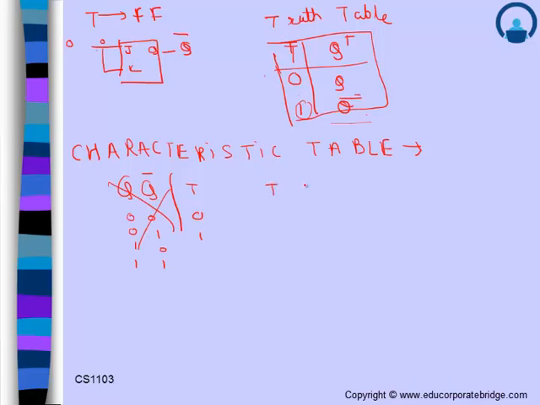The characteristic table consists of the current input and the present output. So when T is 0, we can see from the truth table, the next output will be the current output, which will be Q. Similarly, when T is 1, the next output will be the complement of the current output. In this case it will be 1, and in this case it will be 0. So this is the characteristic table for the T flip-flop.